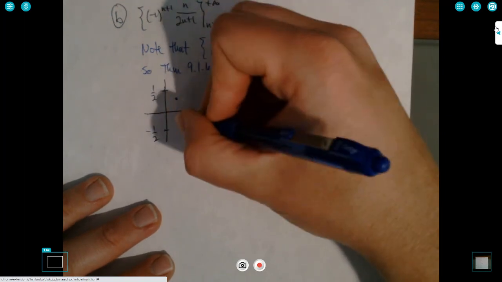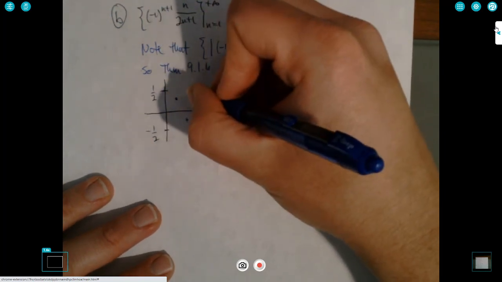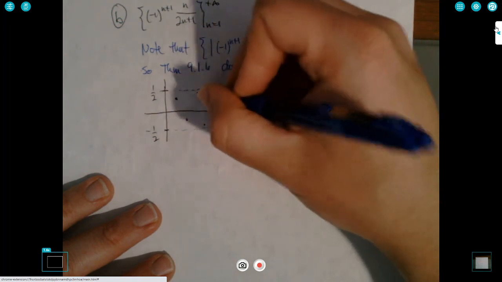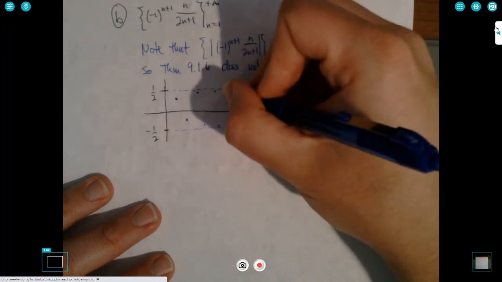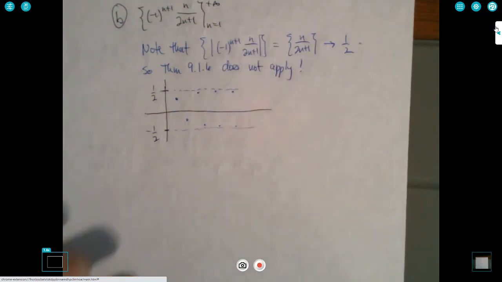You'd have this situation going on where individually the pieces are getting closer and closer to 1/2 and negative 1/2, but collectively they're diverging because it's alternating, right?